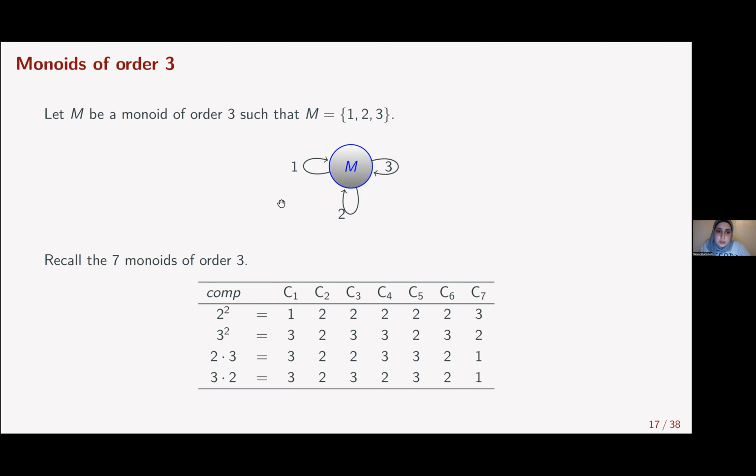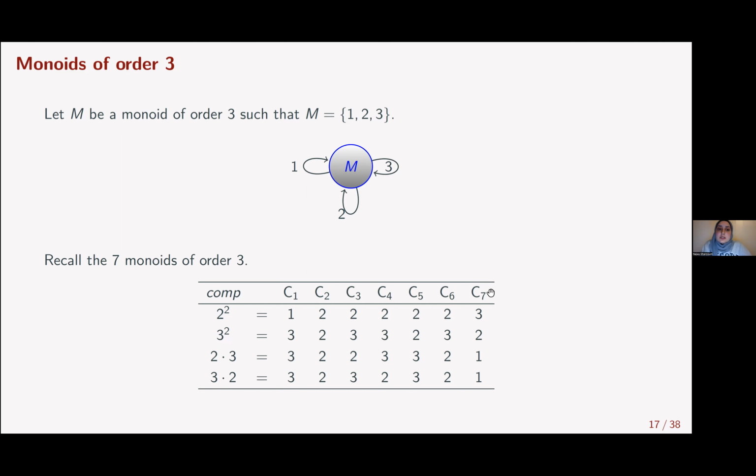And this is the table of multiplication of each monoid. I didn't put 1 because it's identity, but the others are there. Like the first one, C1, for example: 2 times 2 is 1, 3 times 3 is 3, 2 times 3 is 3, and 3 times 2 is 3. This is the first model. Of course, one of these monoids should be a group, which is C7, because 2 and 3 are inverses.